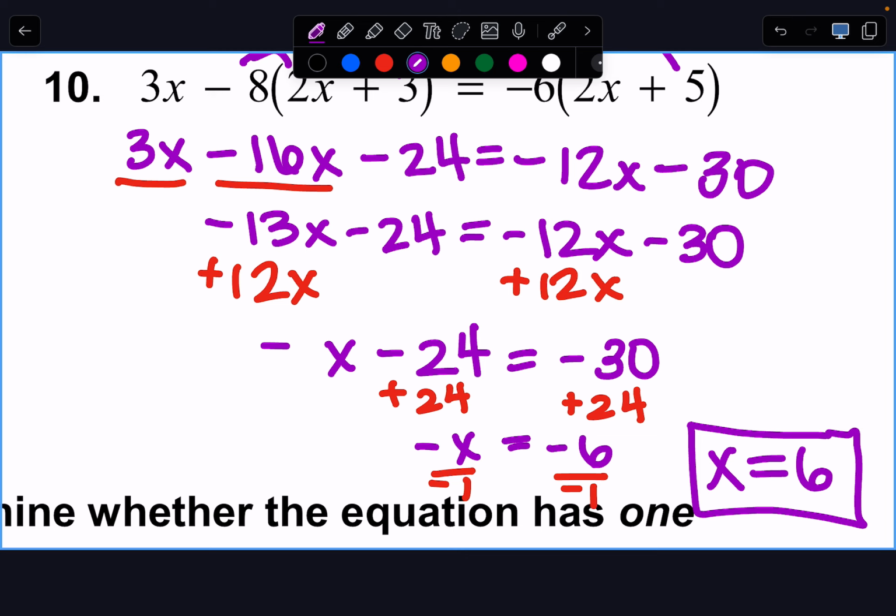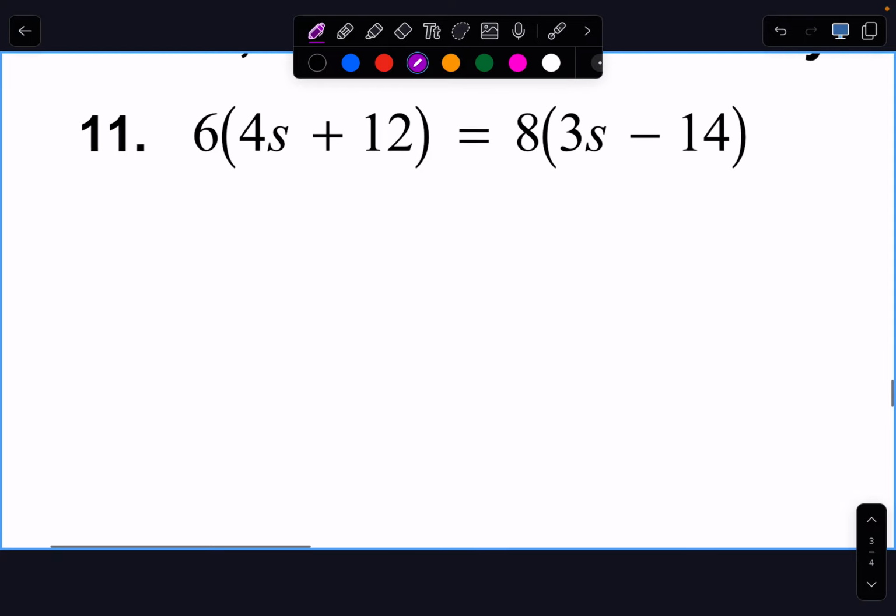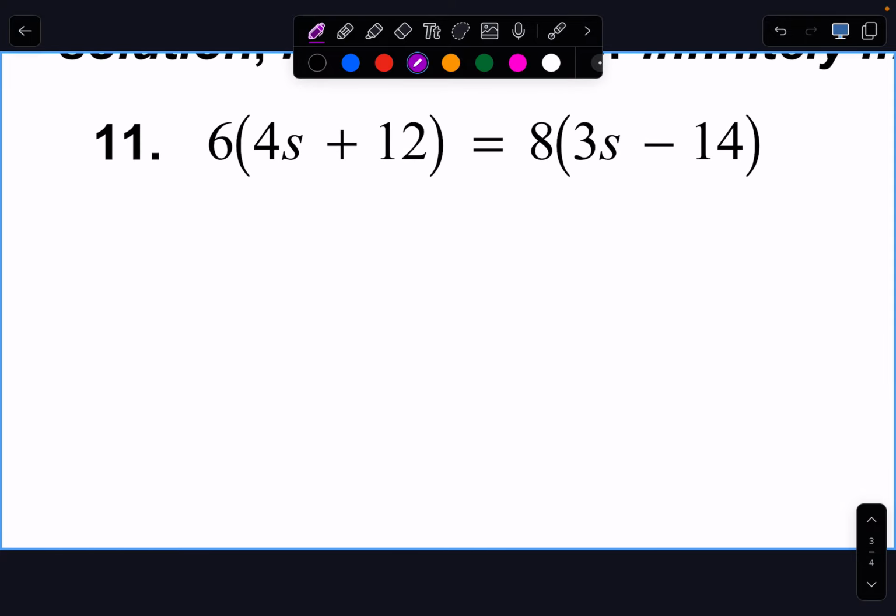Okay, are you ready for the fun? Okay. Number 11. It actually saves us a lot of work when we have no solution or infinite solution, okay? So, number 11. Our first job is to do what? All right, let's do it.